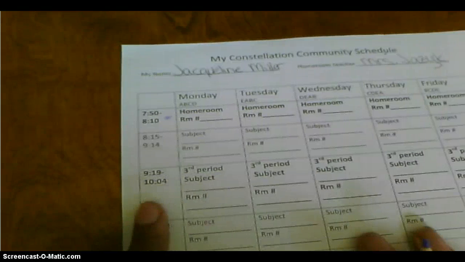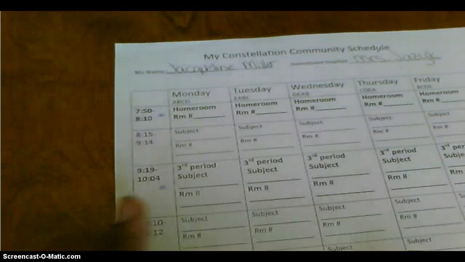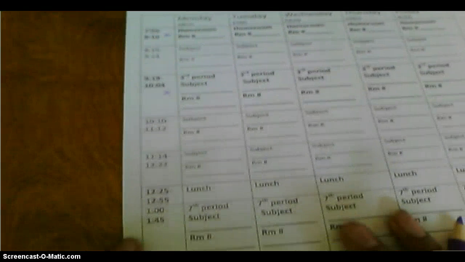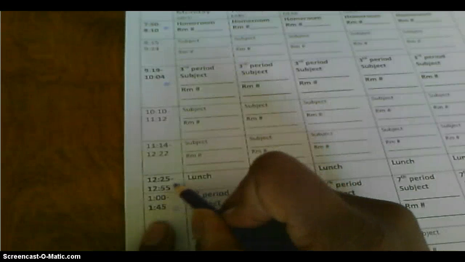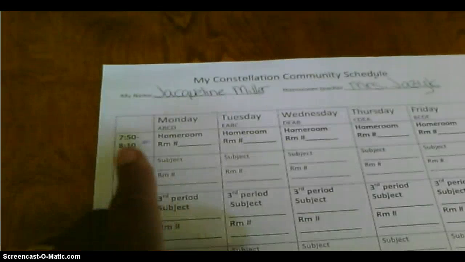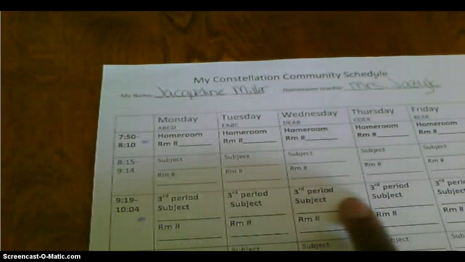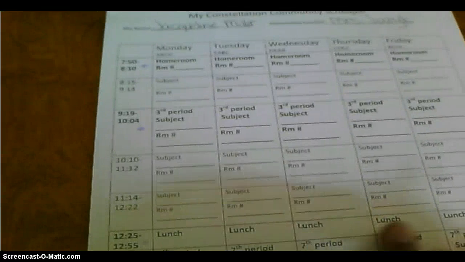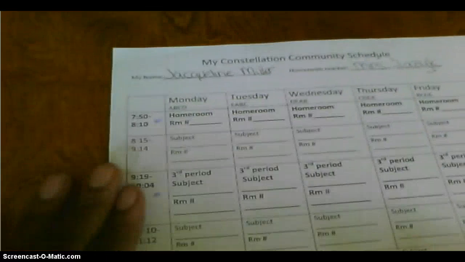Your third period is always the same, so put the same color dot there, please. And then your 7th period is always the same, and of course, lunch. Please push pause on the video, and lightly color the rows all the way across for the parts of our schedule that are always the same. Push play when you are ready to resume.